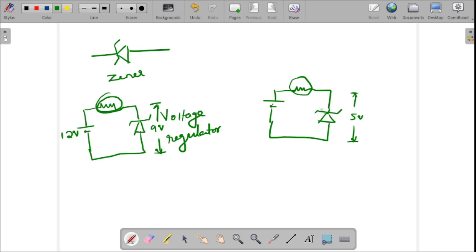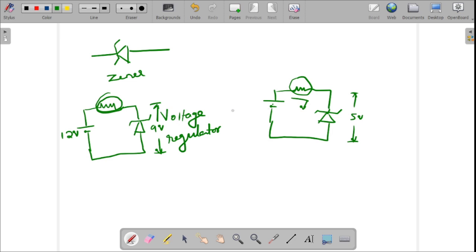In that case, if you don't use a resistor, the Zener diode might get burnt out. So it is always advisable to use a resistor in series to resist the current, so that your Zener diode does not get burnt. That is the only thing you have to remember. These two circuits we will see practically.